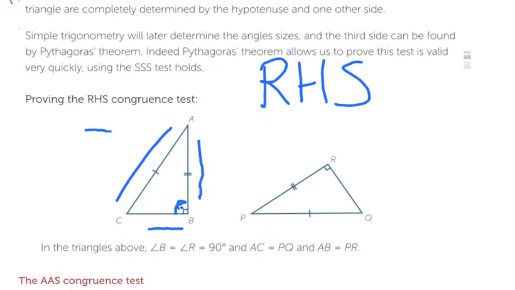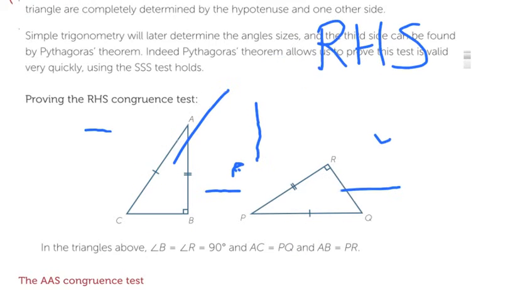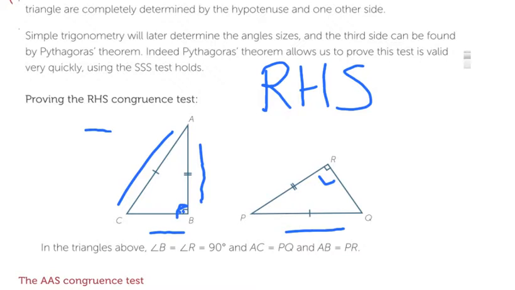Because this angle here is a right angle and we know the hypotenuse and one side, we can say, due to Pythagoras' theorem, that they are congruent triangles.